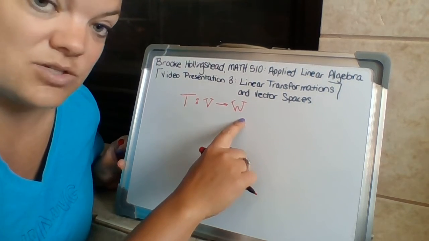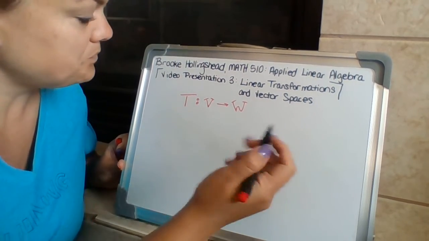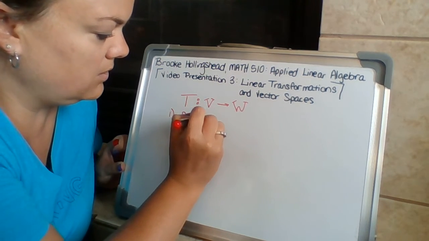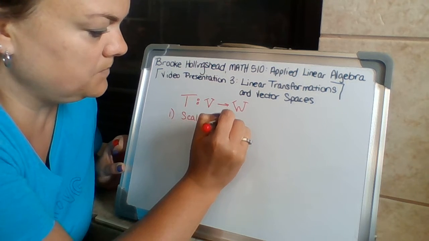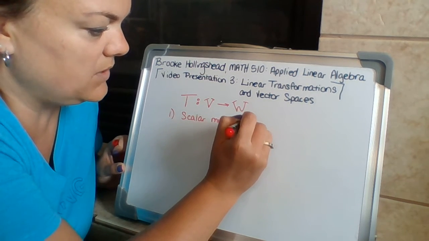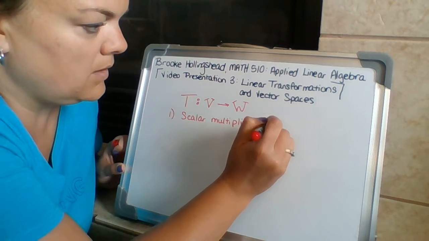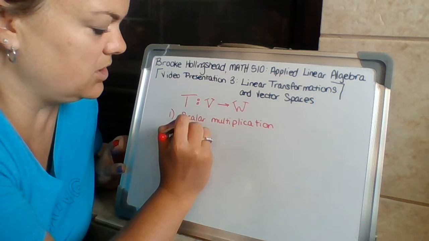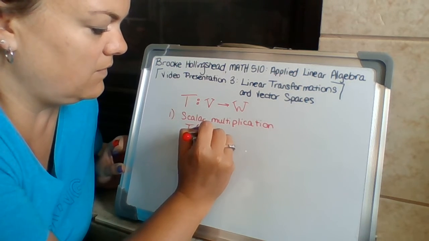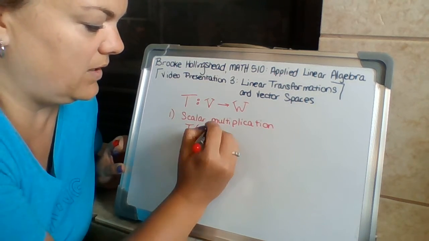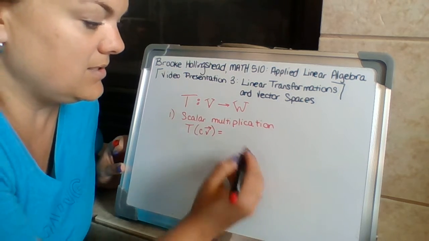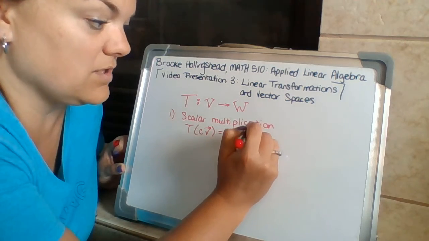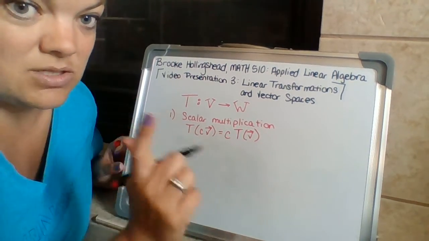The two properties that we would need are scalar multiplication: if I take a transformation of a vector multiplied by a scalar number, I need to have that be the same thing as taking the scalar times the transformation of that vector. So that's the first property.